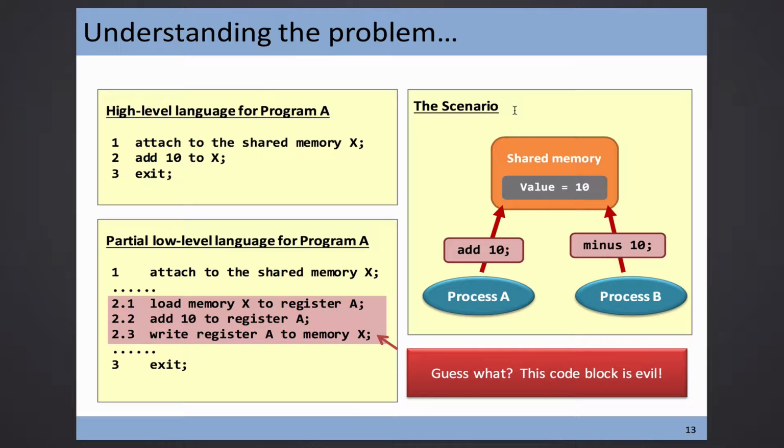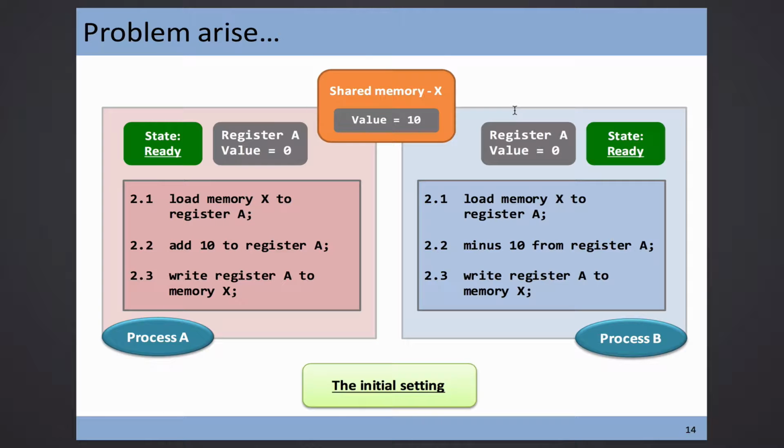So what will happen? There are animations, and the animation is easy. We start with something normal, a very easy way to understand it. First, I have a shared memory here. The two pieces of code are very similar, except for line 2.2. In line 2.2, one is add, one is minus. What we need to do is load something from the memory.